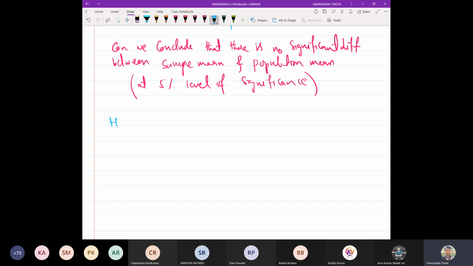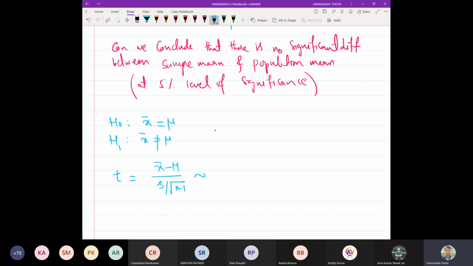Okay, right. So in the t test, what is the null hypothesis? The null hypothesis assumes that there is no significant difference between the population mean and the sample mean. And as usual, the alternate hypothesis assumes that there is a significant difference between the population mean and the sample mean. Now, what is the test statistic? The test statistic t is given by x bar minus mu upon s upon square root of n minus 1.